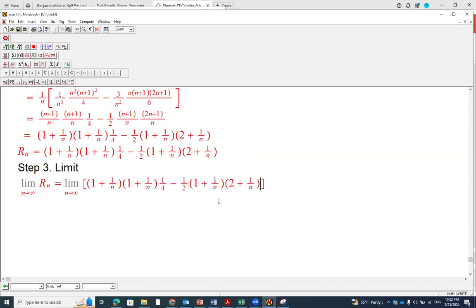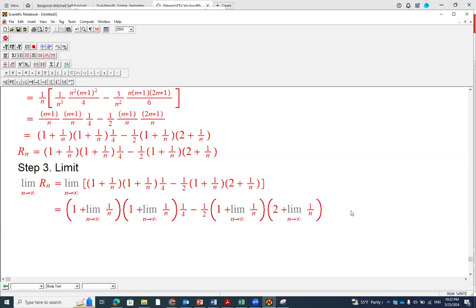There. Each individual limit exists. So we can take limit individually. So these limits can be taken individually inside, applying limit law.